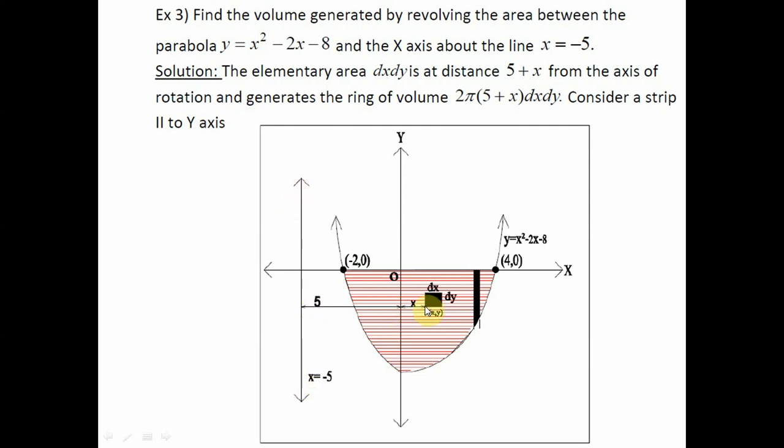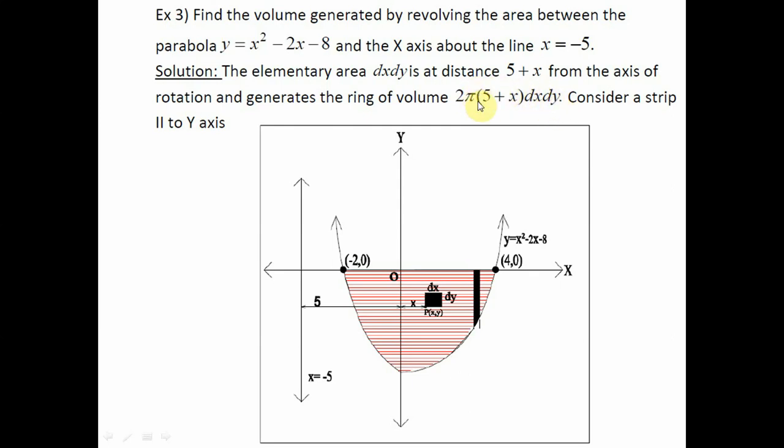The distance of the point P from the y-axis is x, and the distance of the line x is equal to minus 5 from the y-axis is 5, and therefore the total distance of the point P from the axis of rotation is x plus 5, and therefore it generates a ring of volume 2 pi (5 plus x) dx dy.